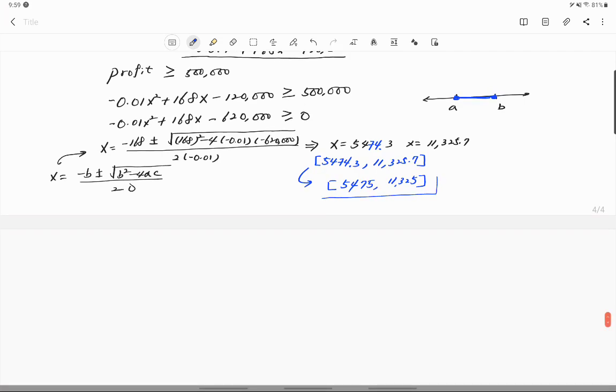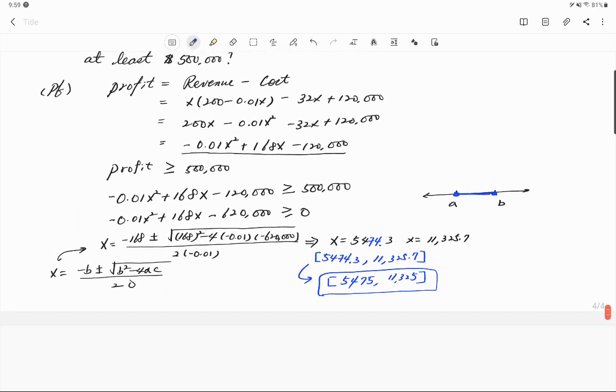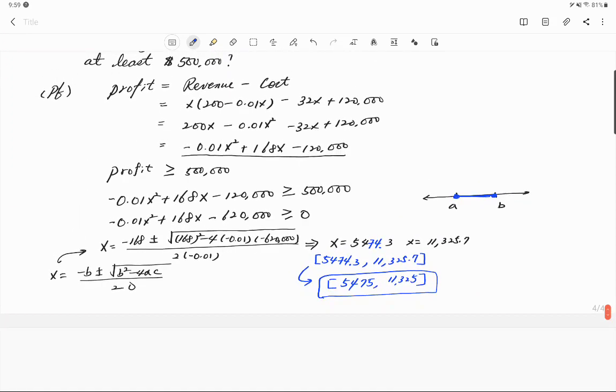So if x is between these two numbers, then the profit will be at least $500,000. Okay, I hope you understand this chapter. It's getting tough, right?